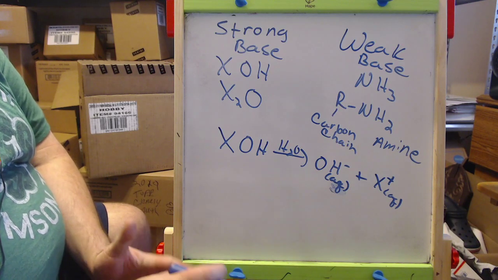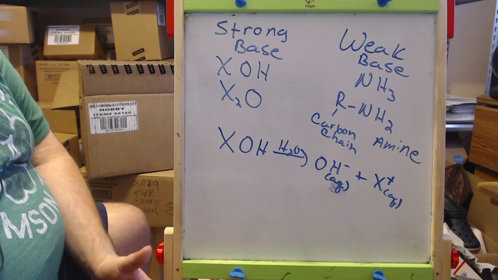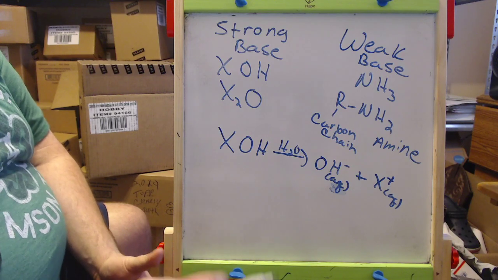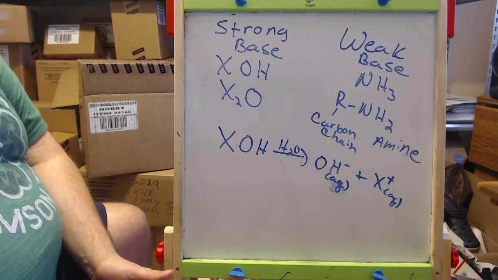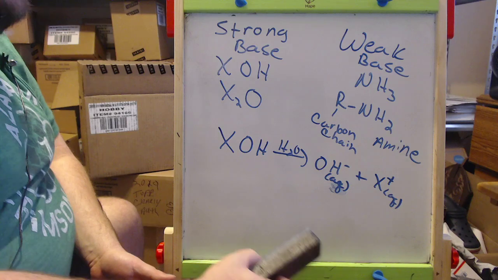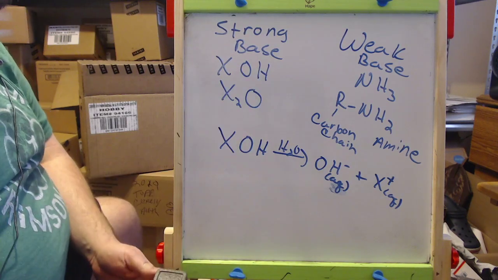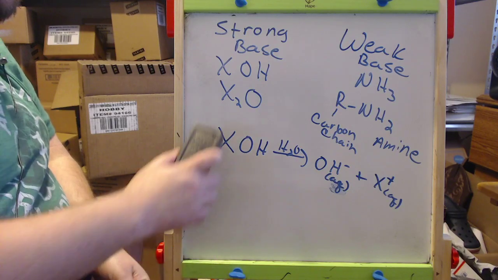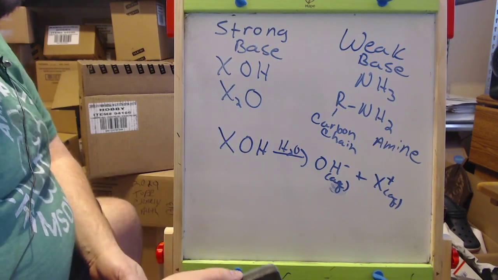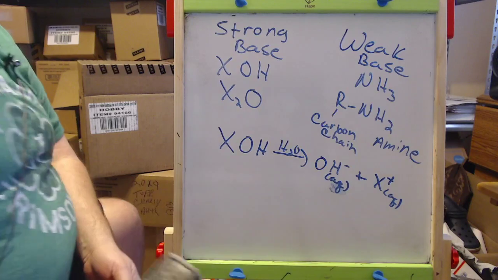So the classical definition is incomplete when dealing with bases. It includes all acids, but it only includes my strong bases that have hydroxide to dissociate. It doesn't include this here, in theory, and it doesn't include ammonia, definitely.